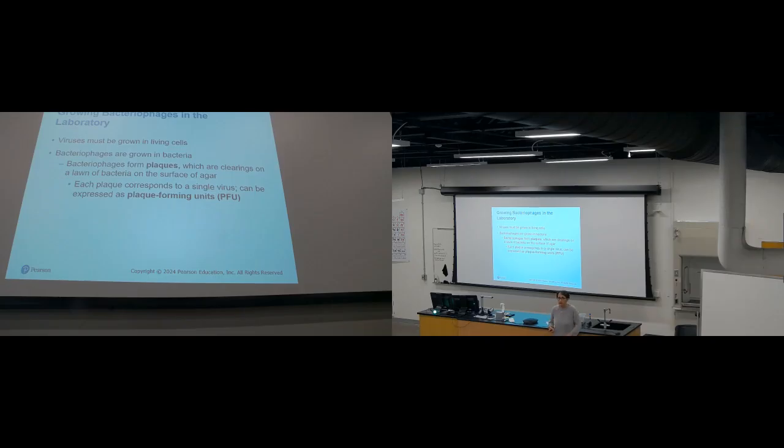So you would have a host, most likely a bacteria like E. coli, sometimes it can be Salmonella, but the most typical one that we use is E. coli. So then you will grow E. coli in a Petri plate, and then you will have this virus.